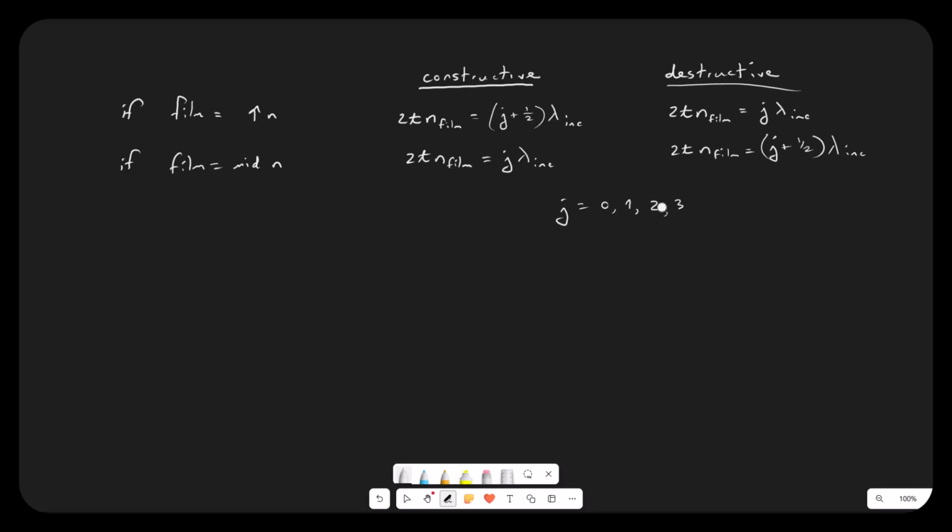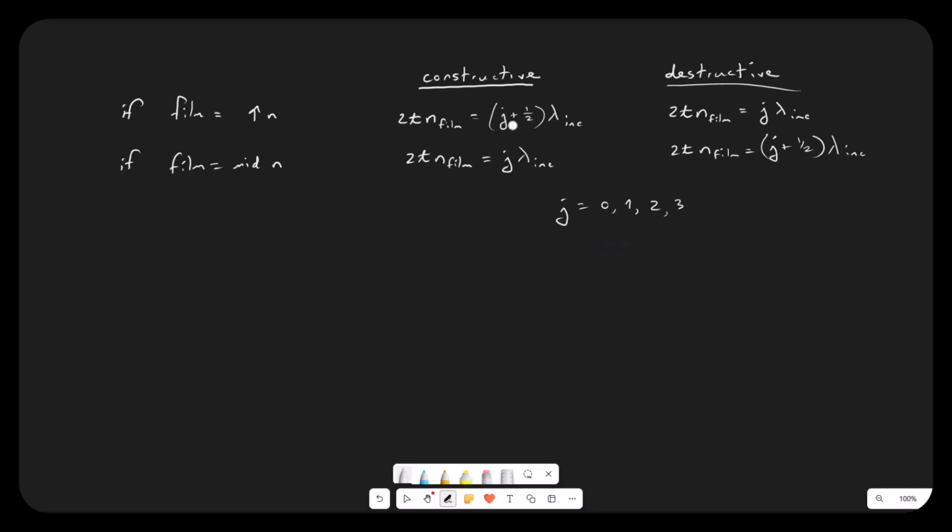Almost. It's any whole number for the j plus a half cases, but if I plug in j equals 0 here, that means I've got a thickness of film of 0, and that doesn't work. Mathematically it does, but it doesn't make sense. Same thing there. So I want to be smart.